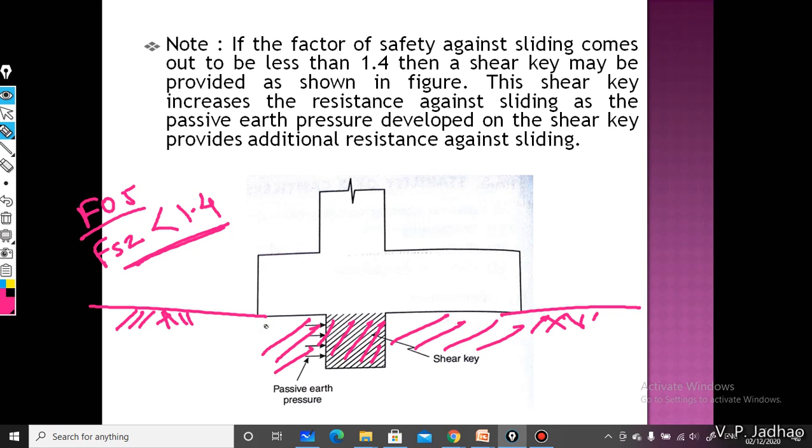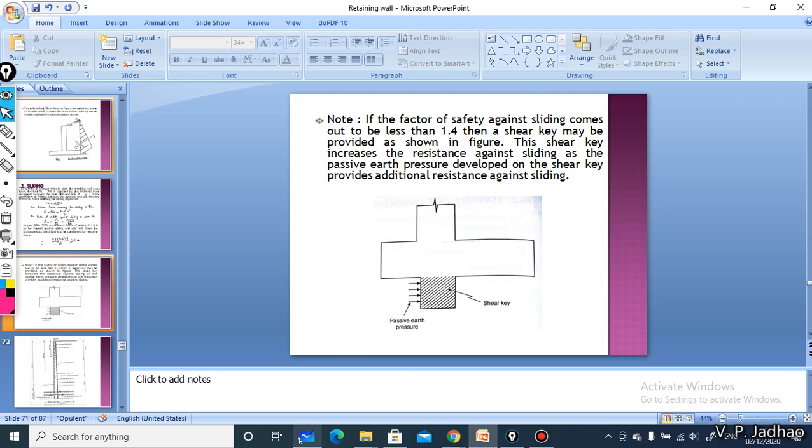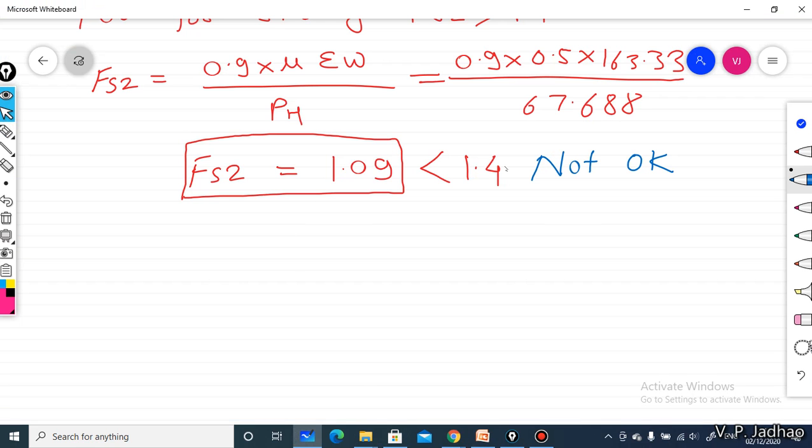So if we provide some concrete shear key like this, it will increase the resistance against sliding. Therefore for this particular case, as the factor of safety against sliding is less than 1.4, we need to provide some shear key. Okay, afterwards we will do the design of shear key.